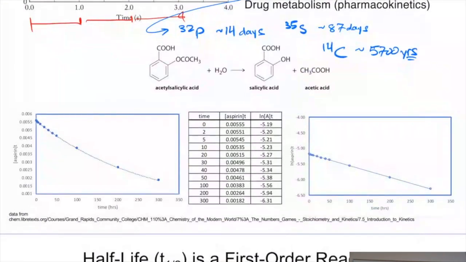Here's aspirin, okay? Here's the same data. Here's the time. As we follow the time, we look at the concentration of the aspirin that's left. If we were to plot just that, look at the y-axis here. Here we're plotting just the concentration of the aspirin versus time. It's not linear.